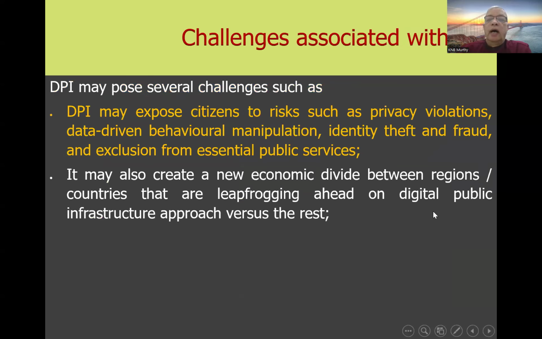But there are also challenges with DPI, digital public infrastructure, which is a platform based on open source. Some of the challenges are privacy violations, data-driven behavioral manipulation, identity theft, fraud, and exclusion from essential public services.